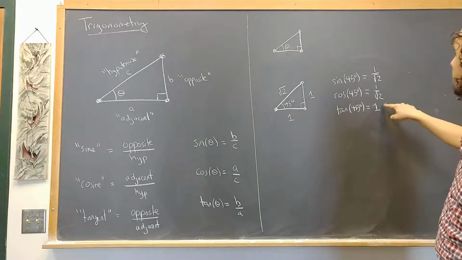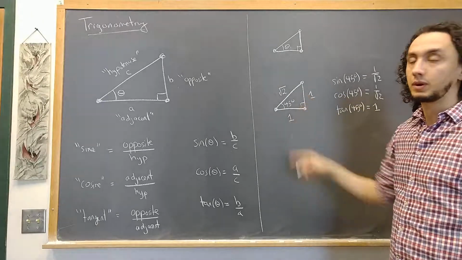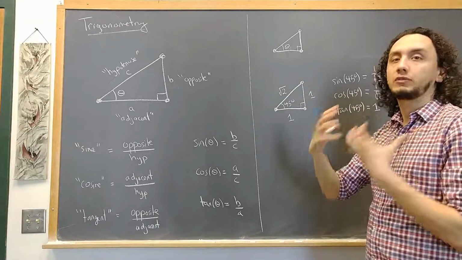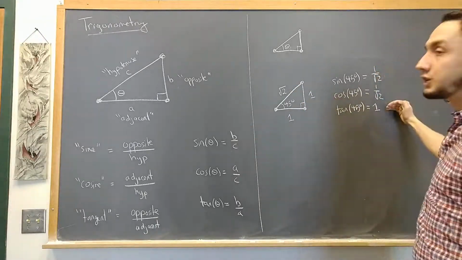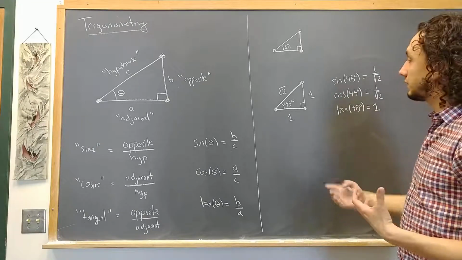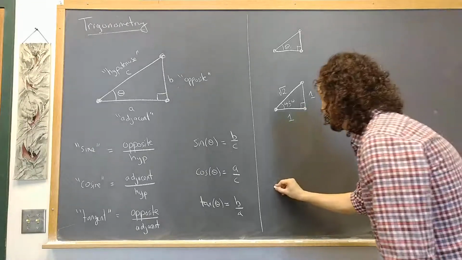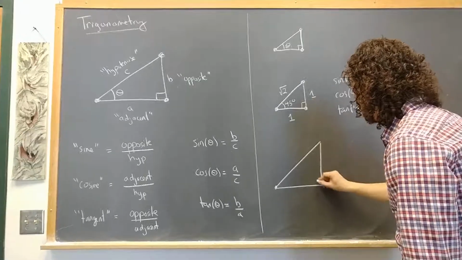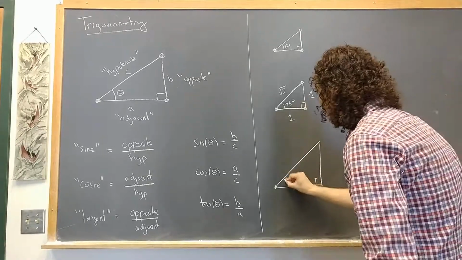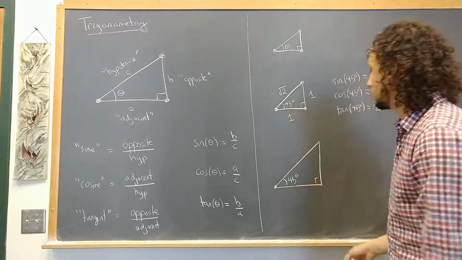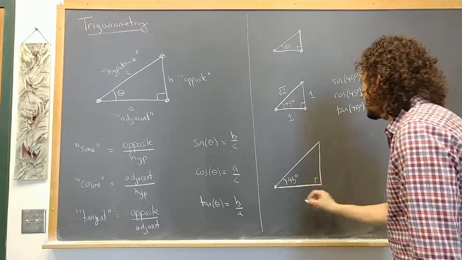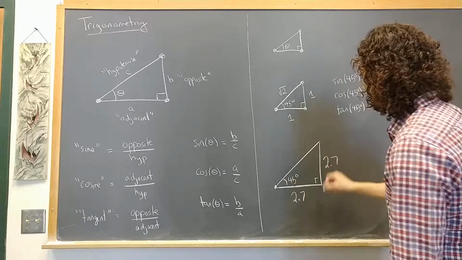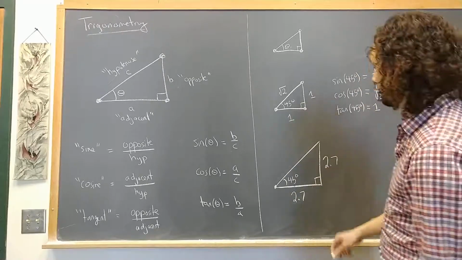Now these three ratios were calculated with this particular picture that I drew. But the idea behind trigonometry is that it doesn't really matter how big or small I draw the triangle. As long as I'm looking at ratios, those are going to be constant, right, for a given angle. So in particular, if I draw a much larger right angle triangle, which is also a 45-degree angle here, which I can arrange by, say, making this length equal to 2.7 and this length equal to 2.7, right?